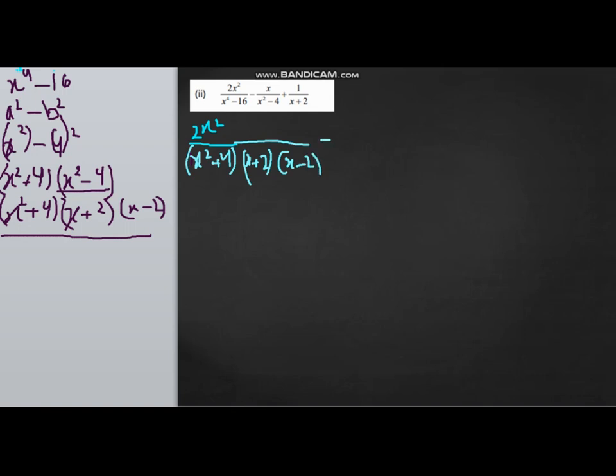Then we have negative x over x squared minus 4, which we already factorized in here, so it is x plus 2, x minus 2.